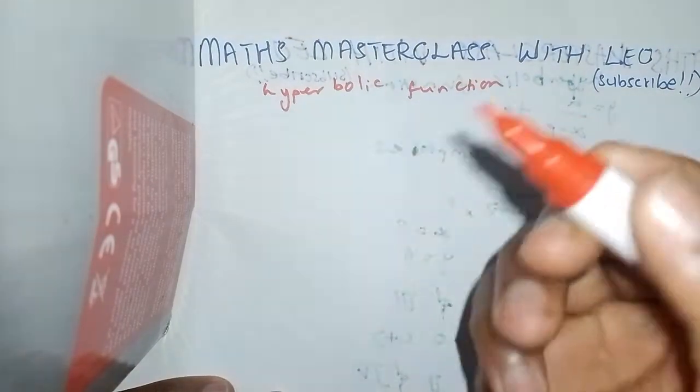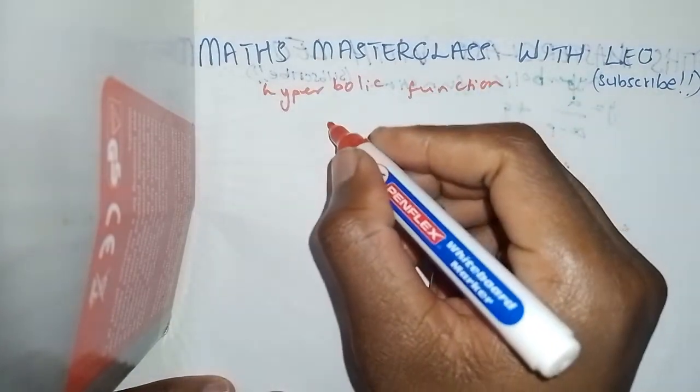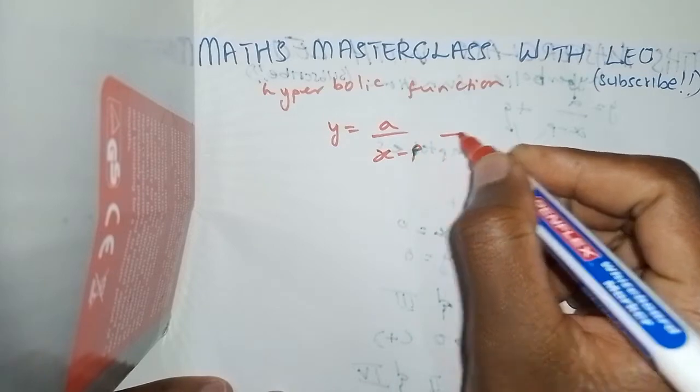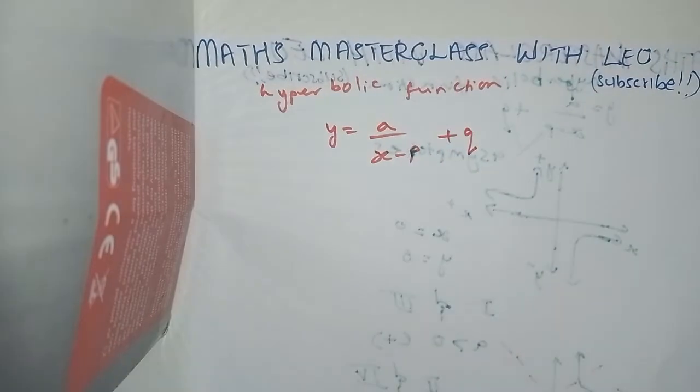We will be doing the basics today. Part of the basics is the formula for a hyperbola. The formula for hyperbolics is this one: y is equal to a over x minus p plus q, where p and q represent the asymptotes of the hyperbolic function.